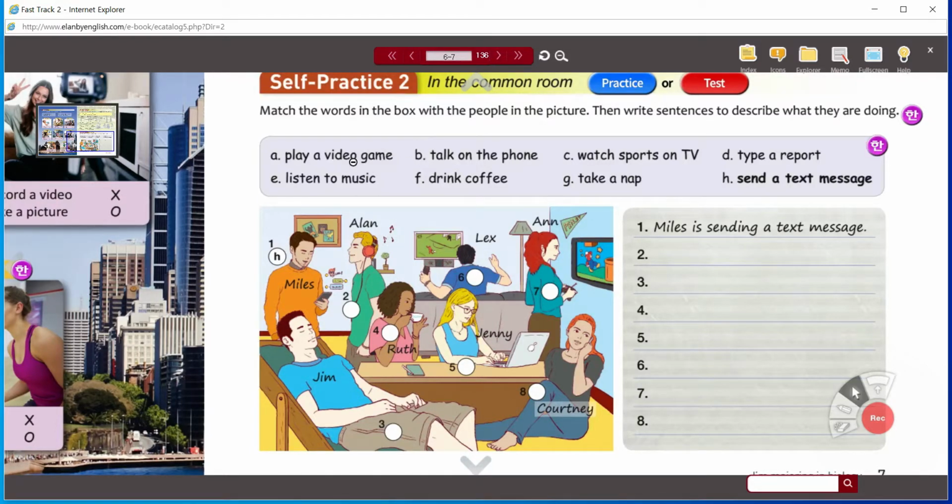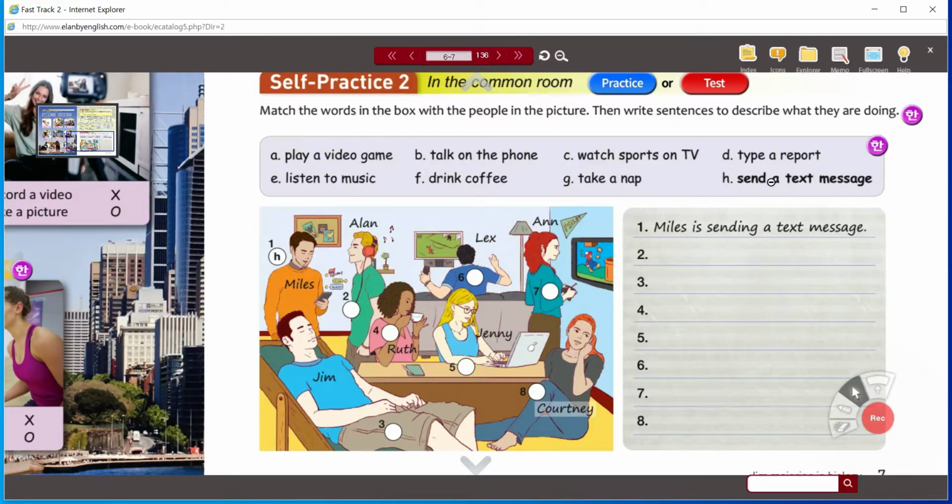Okay? So play a video game, talk on the phone, watch sports on TV, type a report, listen to music, drink coffee, take a nap, send a text message.